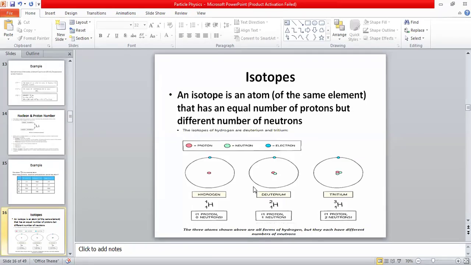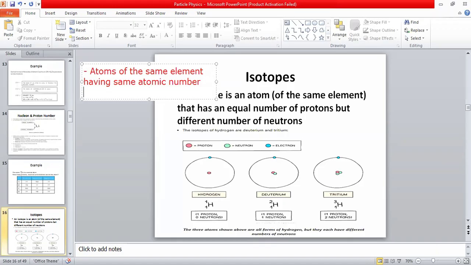So how are we going to define isotopes? Isotopes can be defined in two ways, and these two definitions are very simple and very important with respect to the paper. You can write: atoms of the same element having the same atomic number but different mass number.